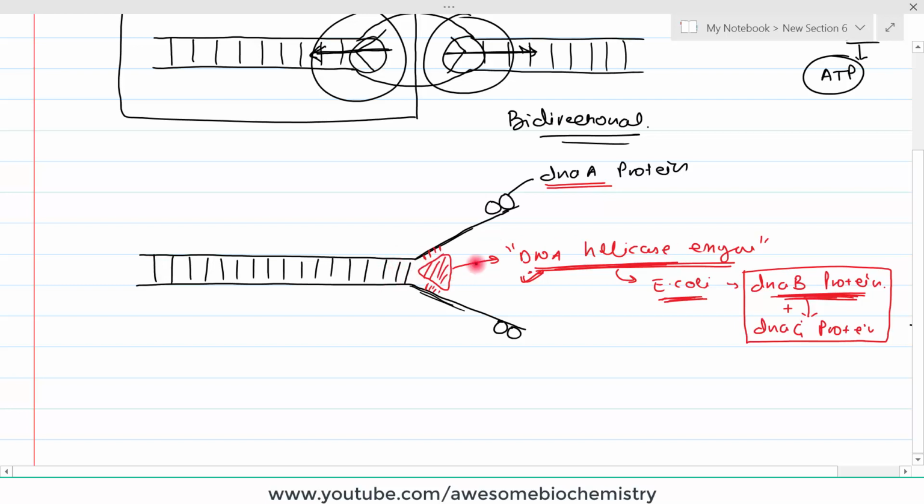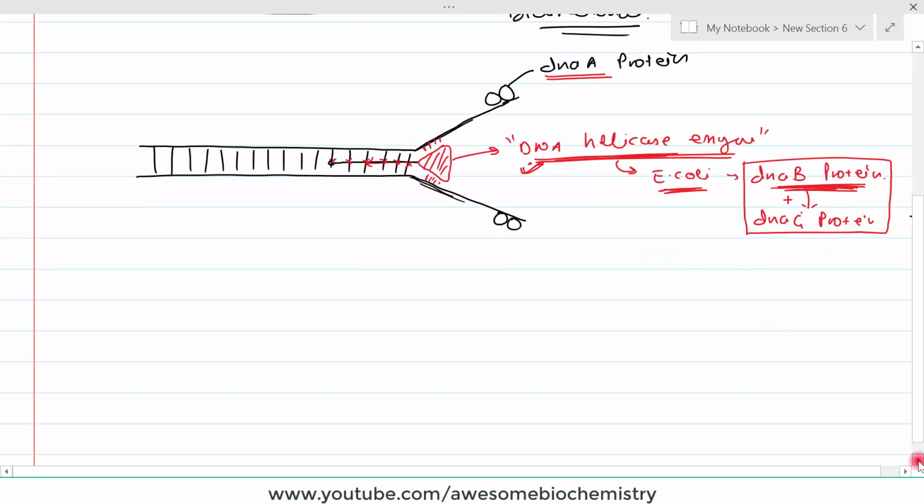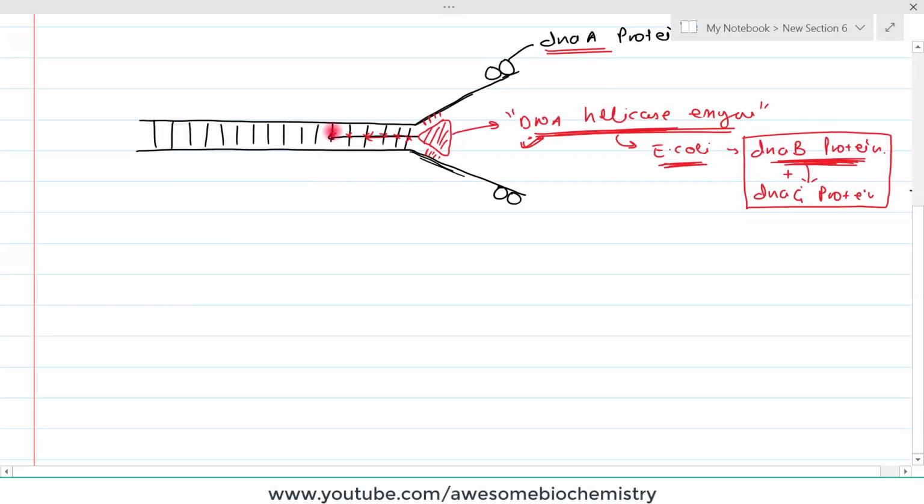Now, what is the function of this enzyme? It breaks down these hydrogen bonds. It starts moving and goes on breaking them. If you give this enzyme some time, it will move in this direction. Let's redraw this diagram, assuming the enzyme has moved up to this point.